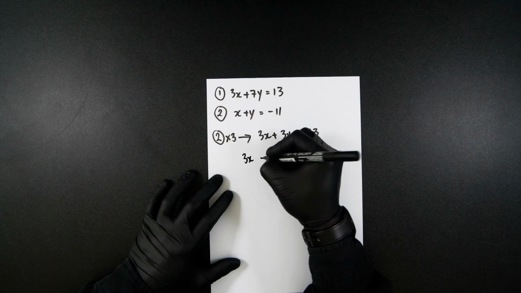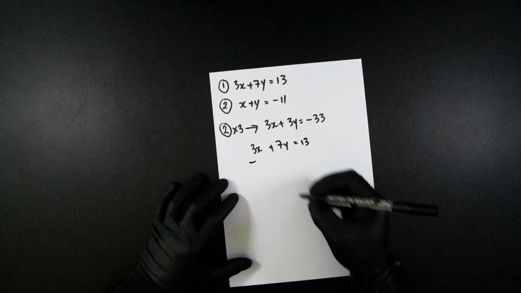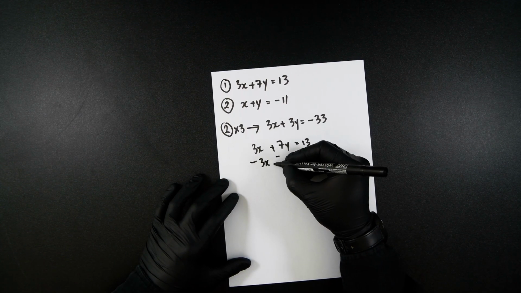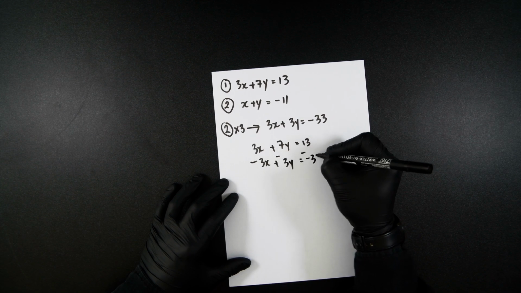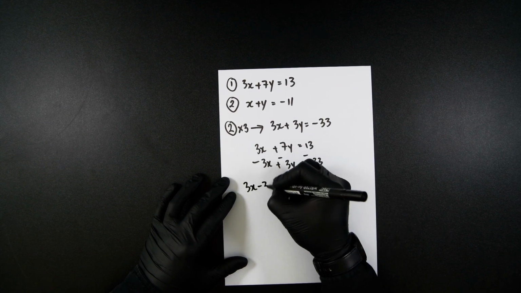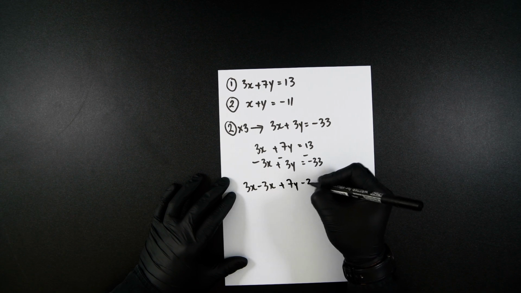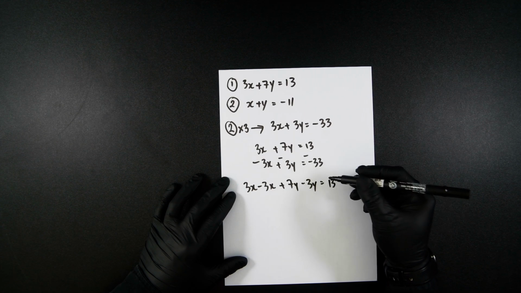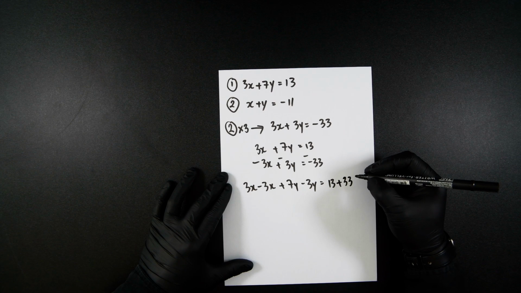So 3x plus 7y equals 13, minus 3x minus 3y, which equals minus 33. 3x minus 3x, 7y minus 3y, and then we'll have 13 minus minus 33, which is going to be positive 46.